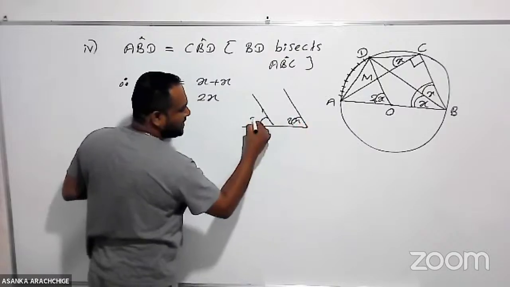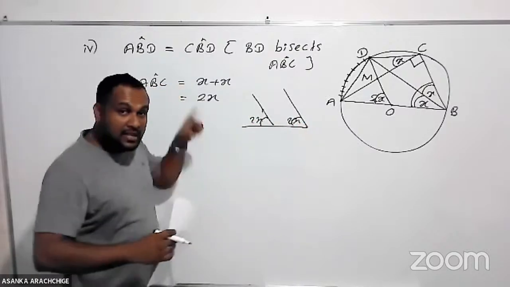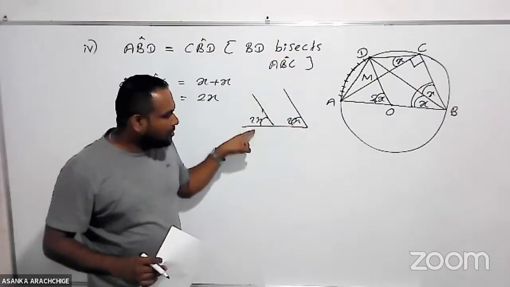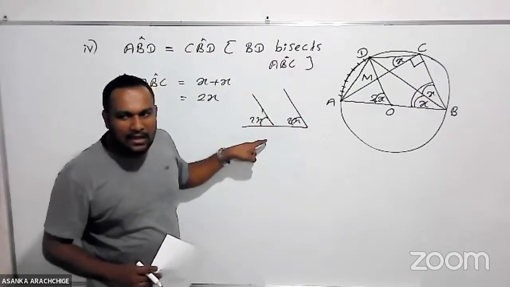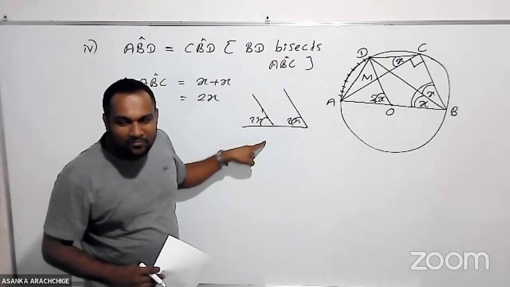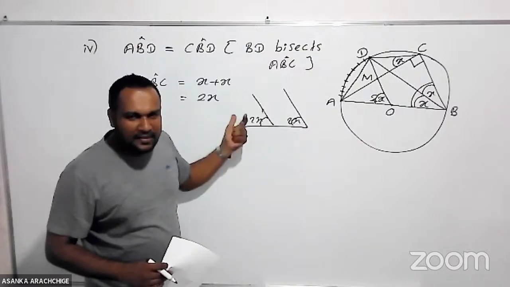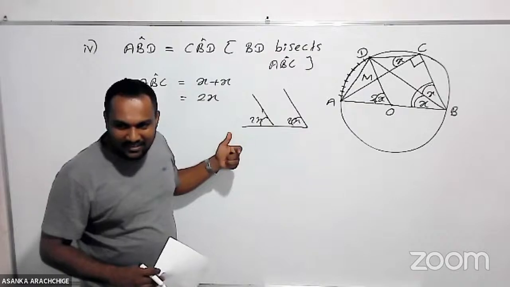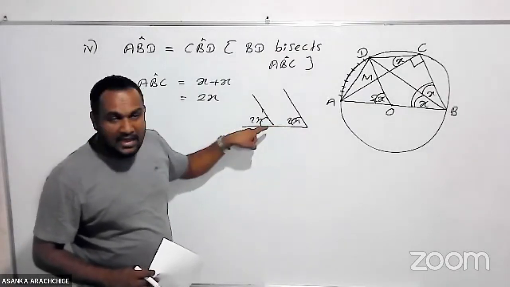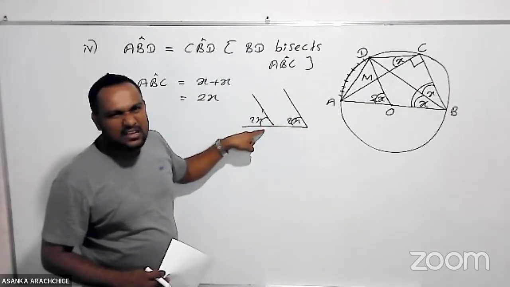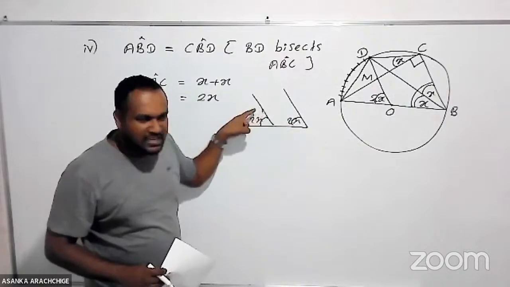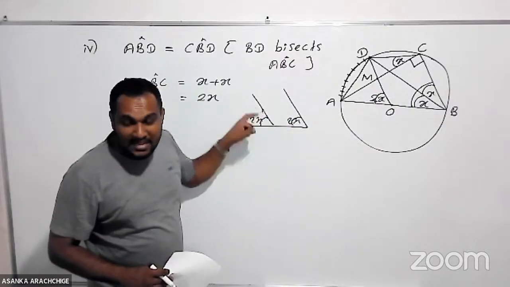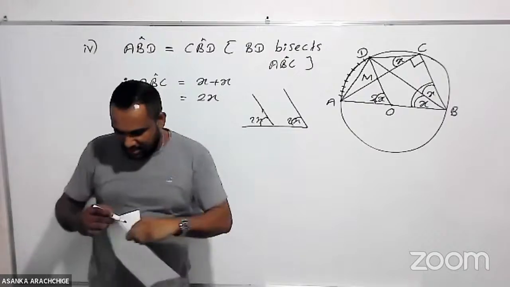But in the shape, what type of a pair are they? Alternate, corresponding, or allied? Corresponding angles, right? When a pair of corresponding angles are equal, what can you say about the lines? They must be parallel to each other.